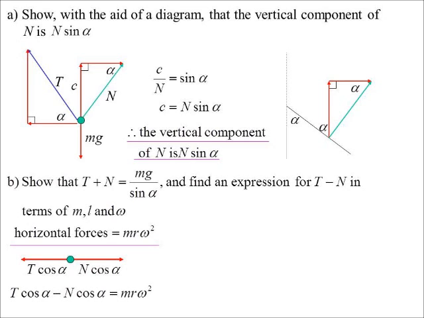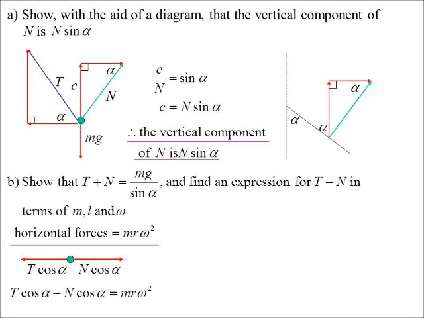Remember, the positive direction has to be towards the center of the circle. Because as we confirmed very convincingly yesterday, the centripetal force is always going towards the center of the circle.